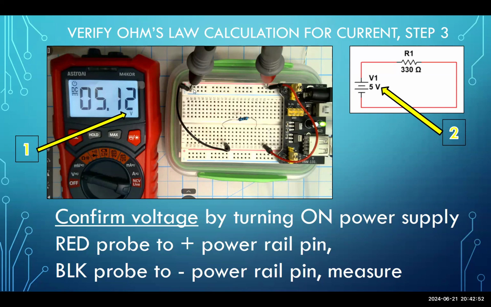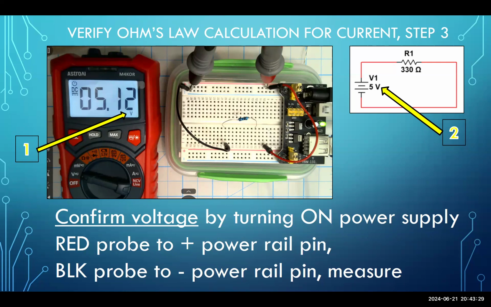And the black probe goes here. These connections are only for when you're confirming voltage. So you make the connection, you turn the power supply on, red probe to the red power rail pin, black probe to the negative power rail pin. Your digital multimeter is in the V mode, voltage mode, and your display shows you volts. Only when it's all set up this way do you make the connections this way. And you should see something close to 5. In this particular case, this power supply gives me just a scoosh more than 5.